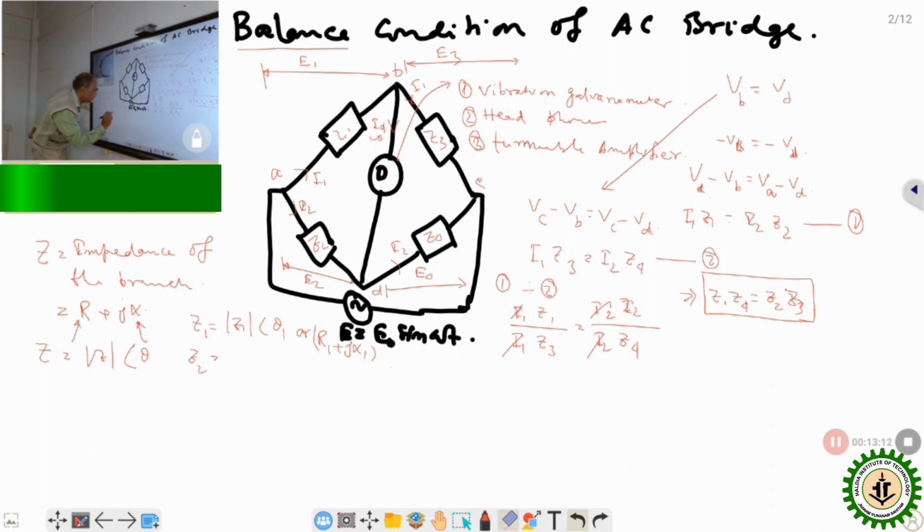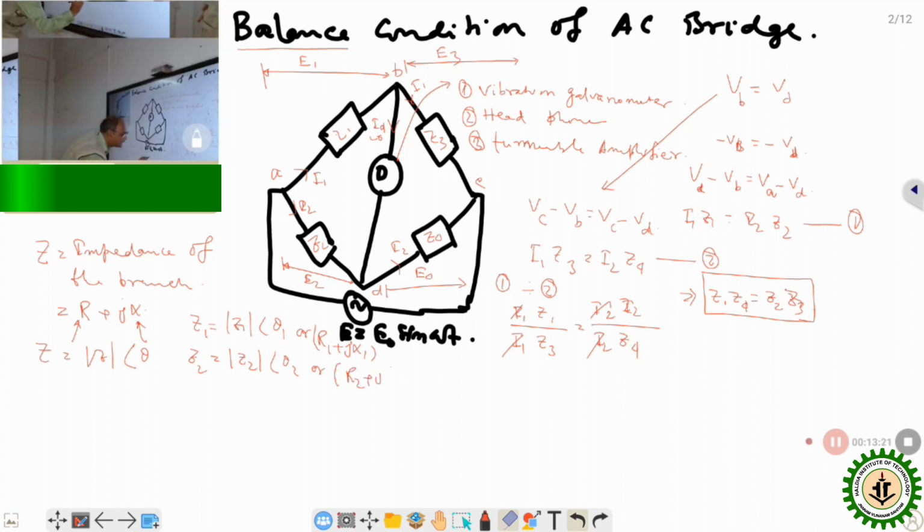Z2 is the impedance of the second arm, mod of Z2 angle theta 2, or R2 plus jX2.